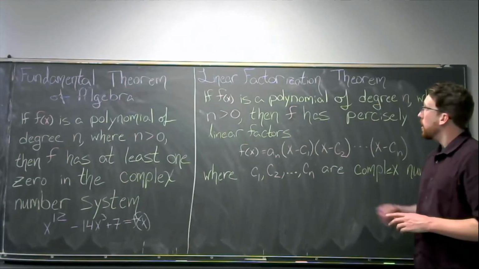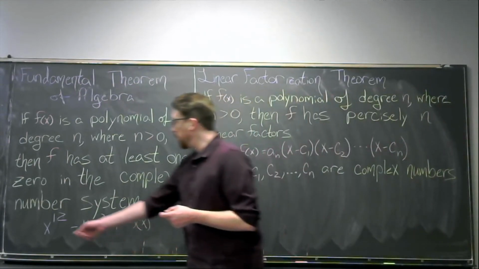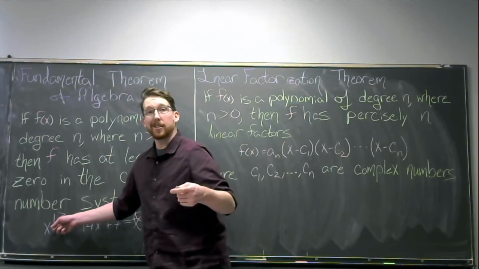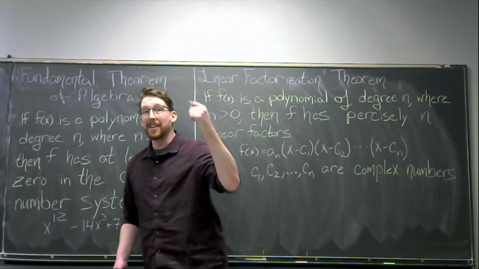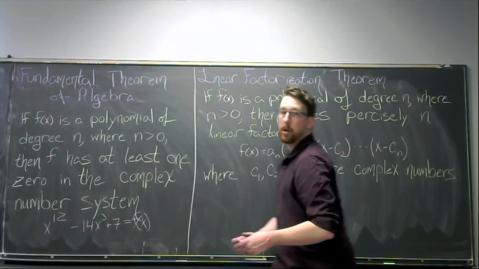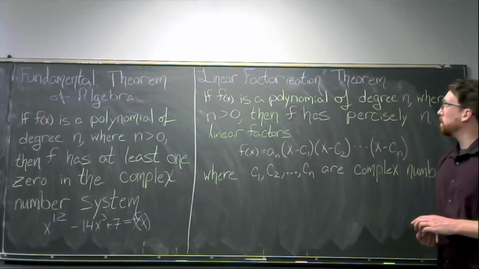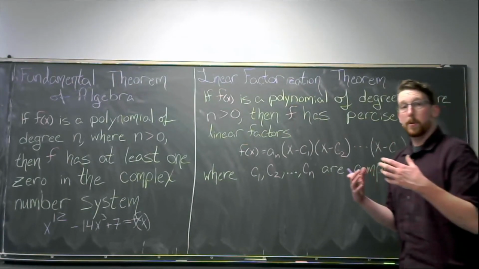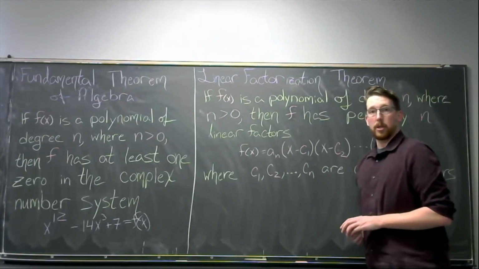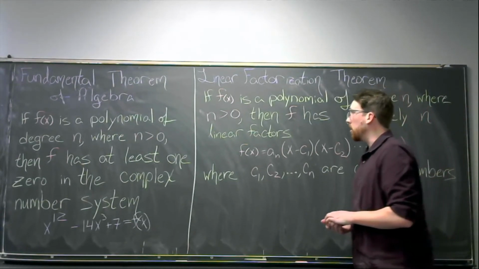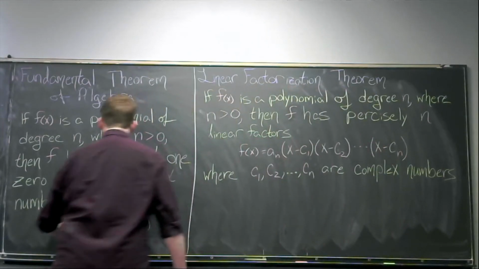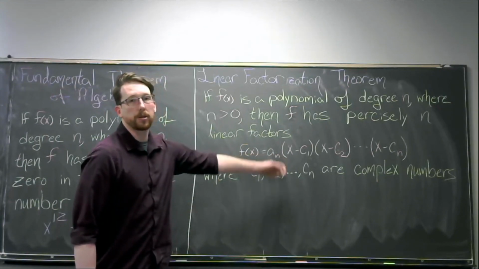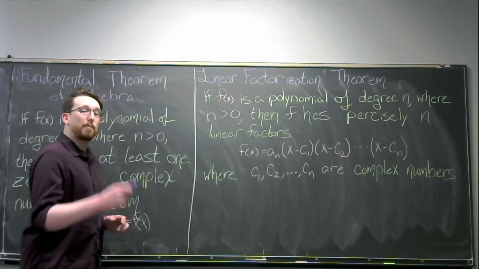Why is that? Because the degree of your polynomial is 12. The degree is the power on your highest term, the highest power in your polynomial. It is the degree of your leading term. So 12 here would mean you're going to have 12 linear factors. Precisely 12.